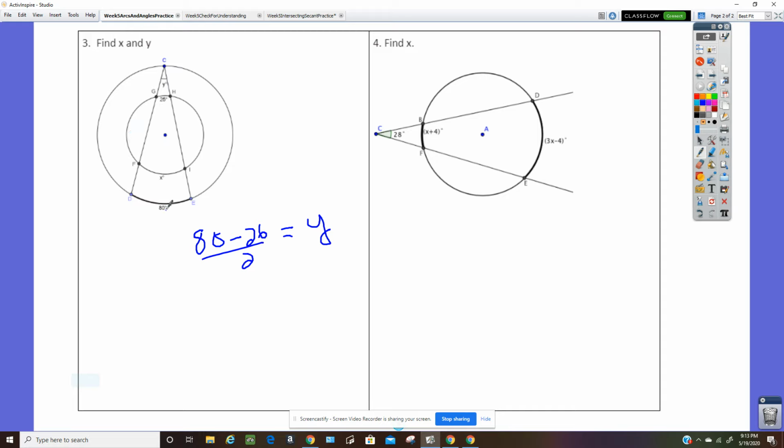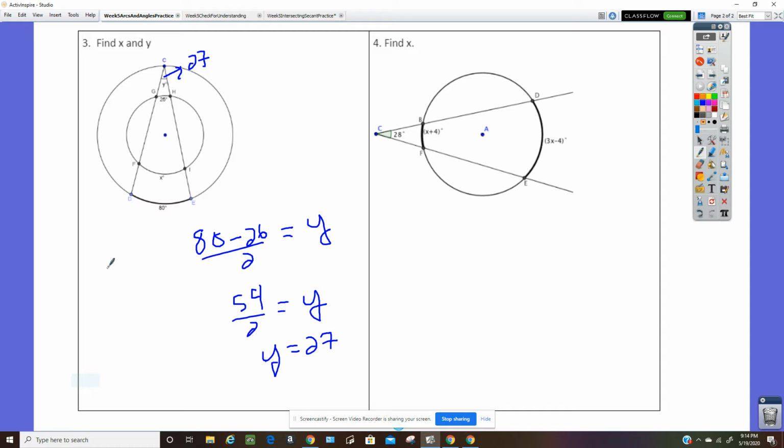You subtract these two arcs, 80 minus 26, and divide by 2, and you get y. So 80 minus 26 is 54. Divided by 2 is y, so y is 27. This is 27.